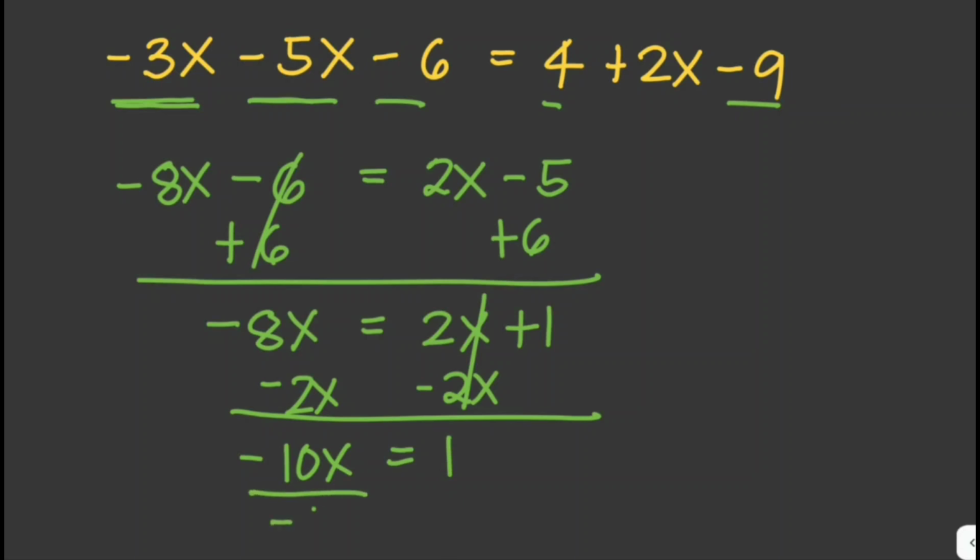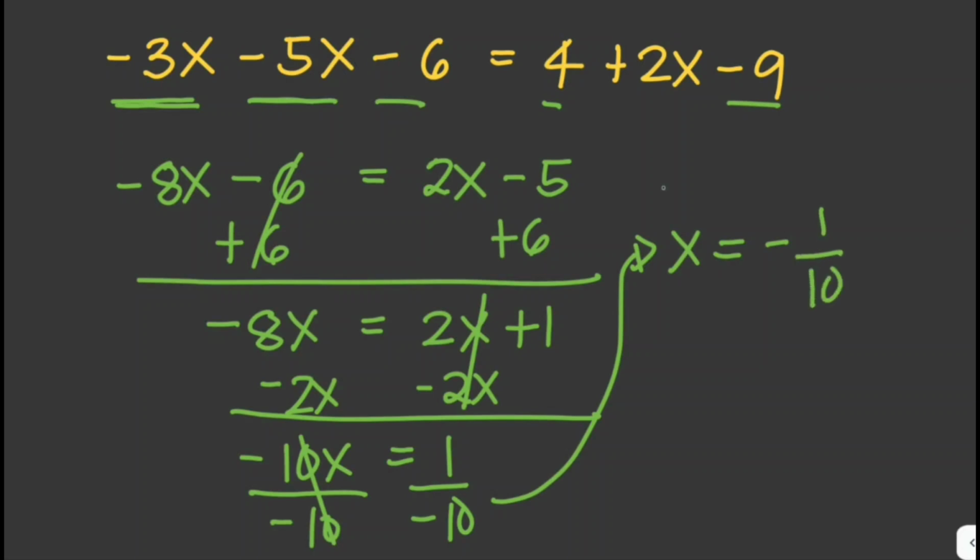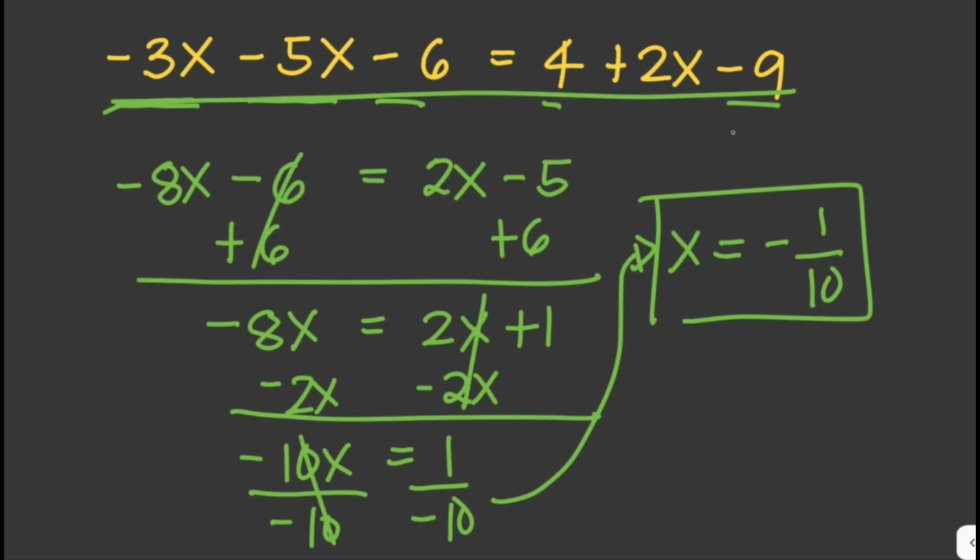And then divide both sides by -10. Then we have a value for x, which is equal to -1/10. Therefore, this equation here is conditional because it has a solution.